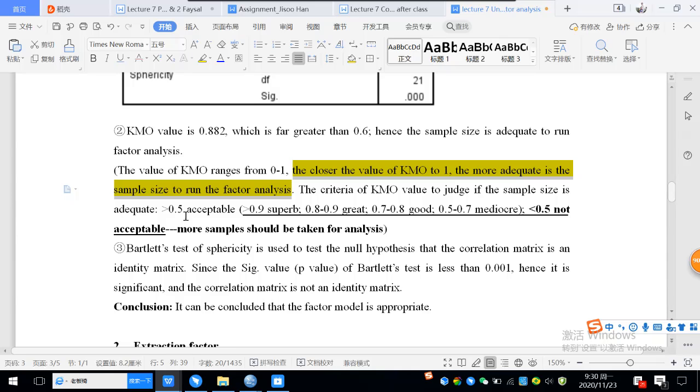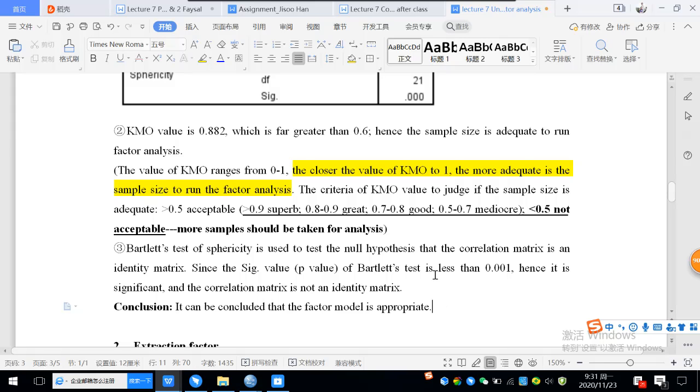So from KMO and Bartlett's test, it can be concluded that the factor model is appropriate. So that means we can use the factor analysis. Factor analysis is appropriate to use.